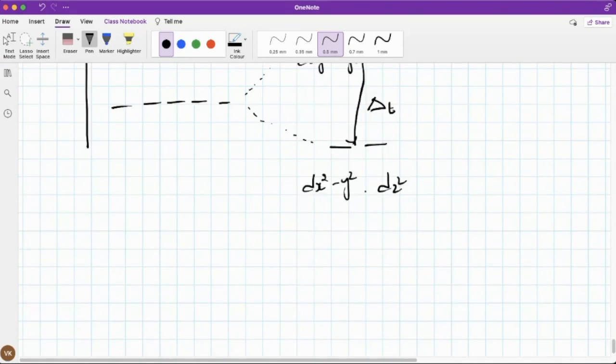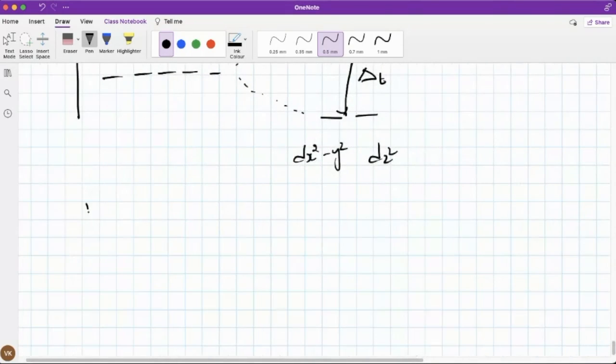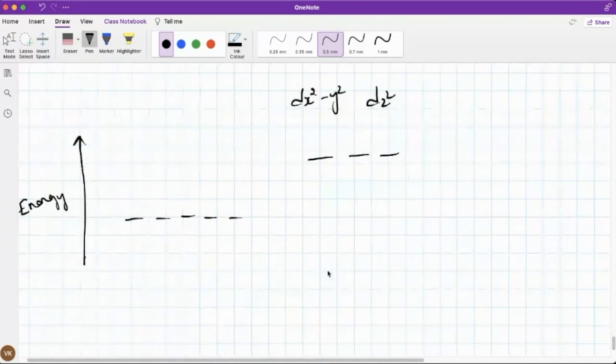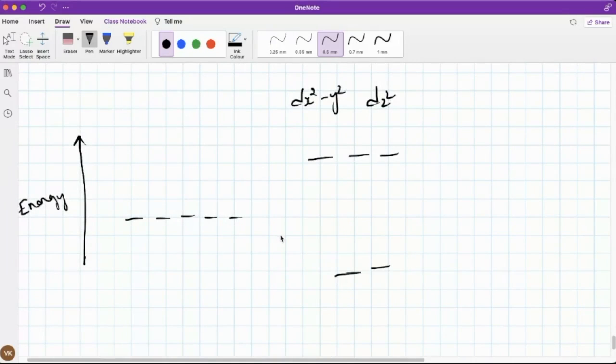So now we try it again. This is the non-splitting state.